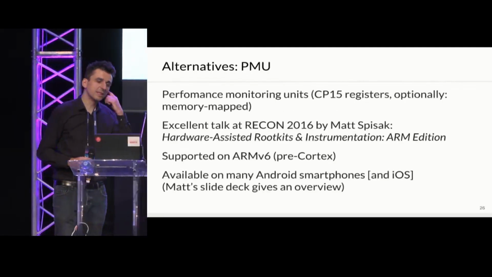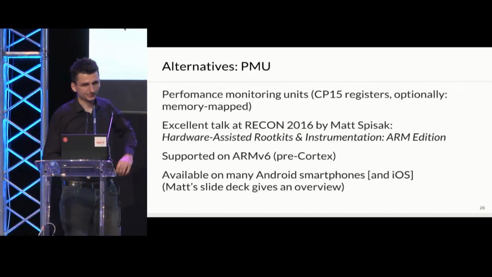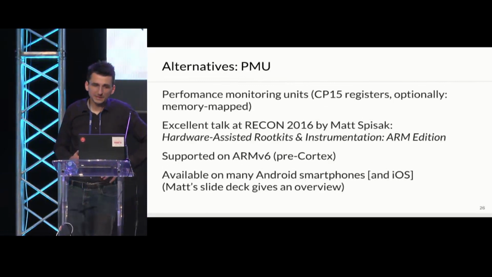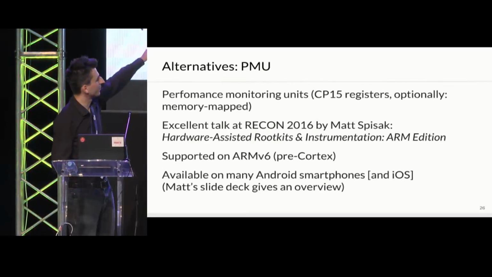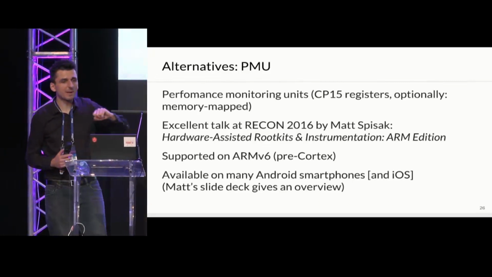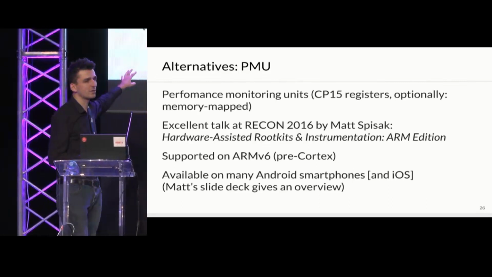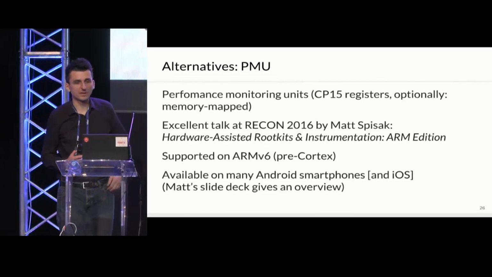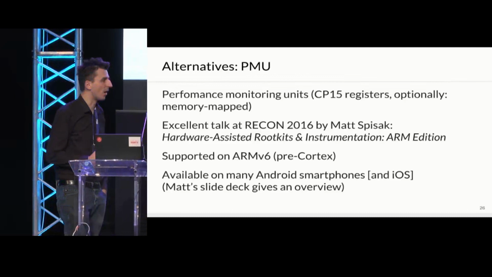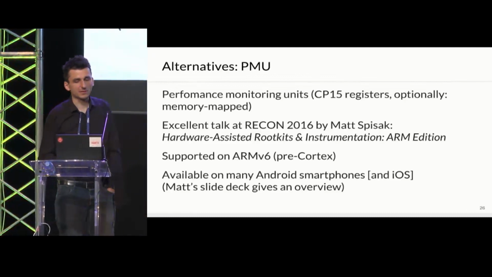So this is an alternative to CoreSight that you can also do on Intel. These are registers that are exposed to coprocessor 15 or optionally memory mapped. There's an excellent talk at Recon 2016 where Matt Spisak used this for hardware-assisted rootkits and for instrumentation, so I will not go into it.